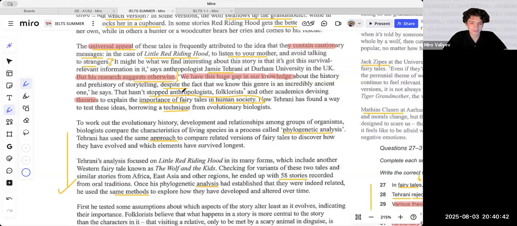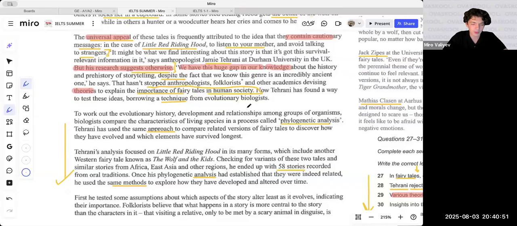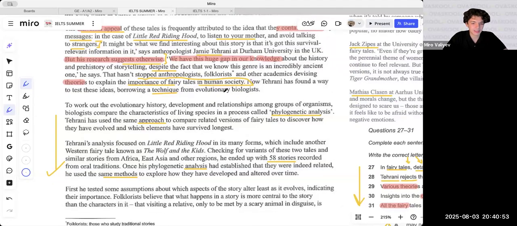So yes, now Tehrani has found a way to test these ideas, borrowing a technique from evolutionary biologists. All right, so now we're getting to this phylogenetic analysis. To work out the evolutionary history, development, and relationship of groups of organisms, biologists compare the characteristics of living species in a process called phylogenetic analysis.